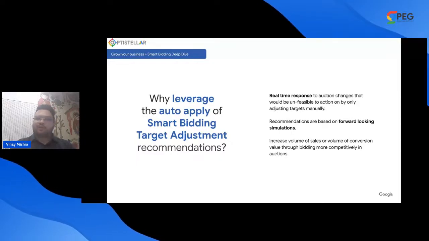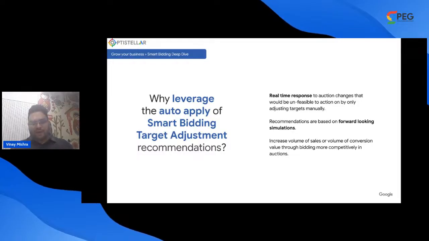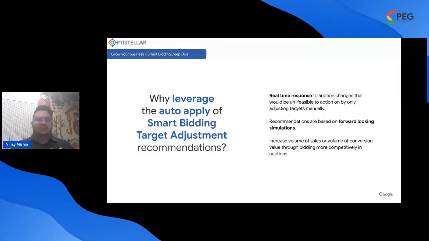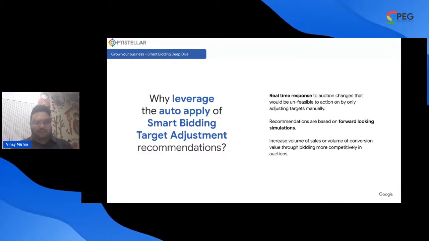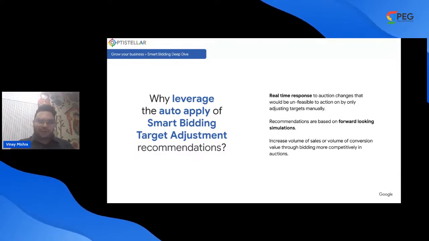Real-time responses are important, because as much as we try to keep an eye on the market and see what is trending and how the market is moving towards different sizes and products and services, it is hard to ensure that we are reacting at the same time. Understanding and responding are two different aspects, right?